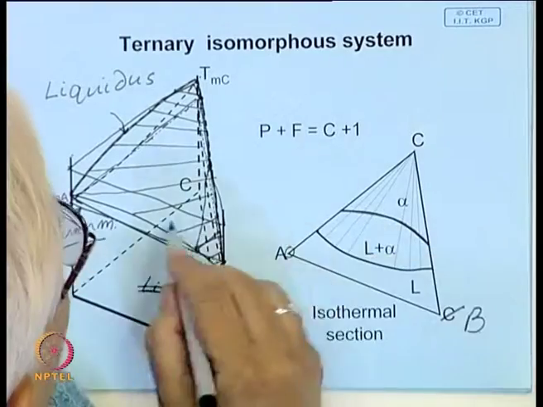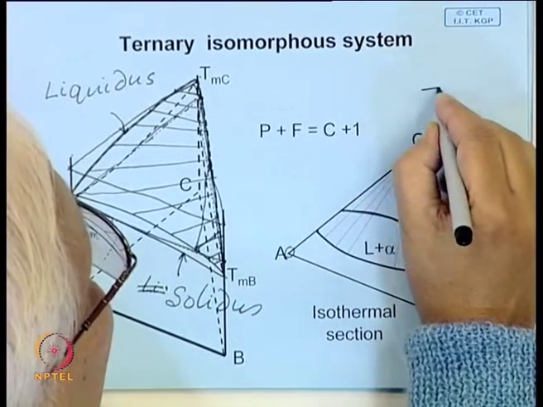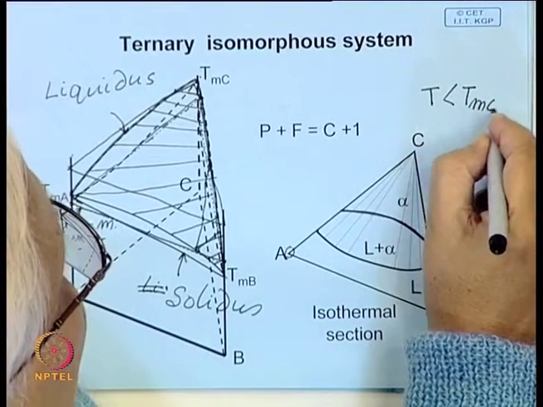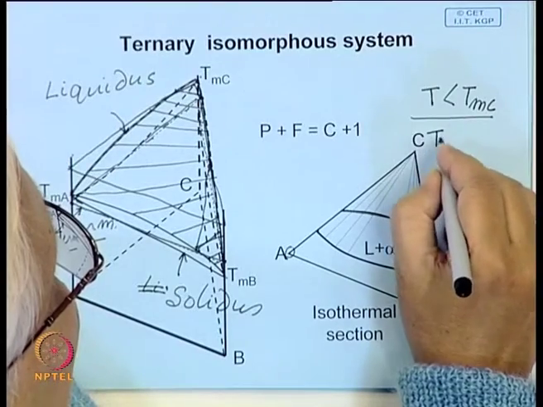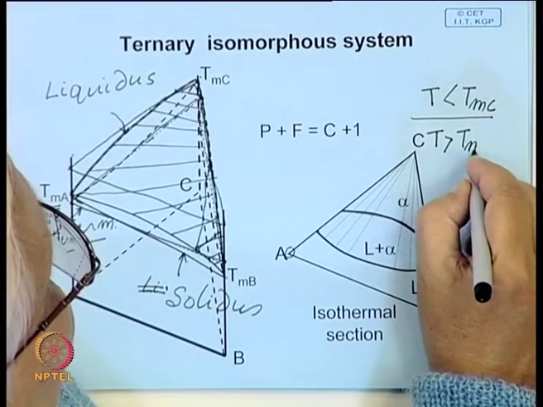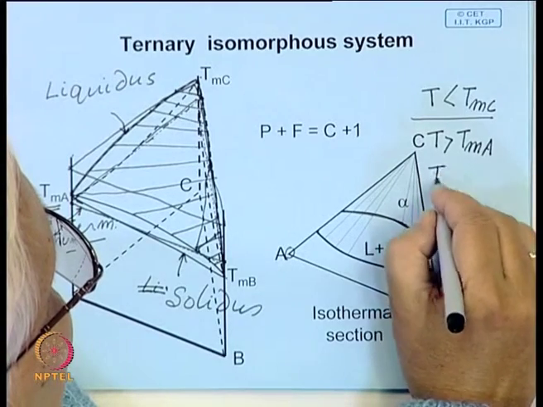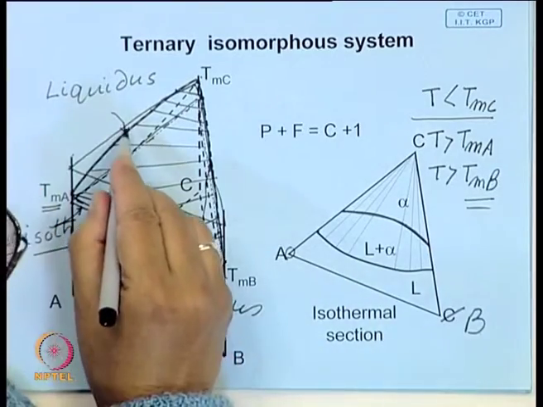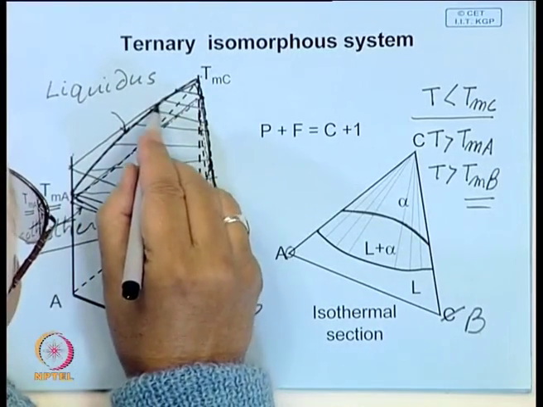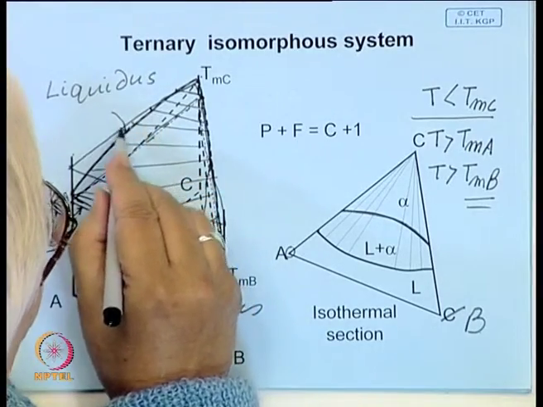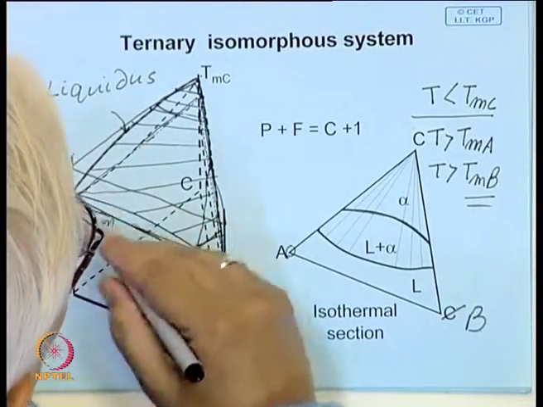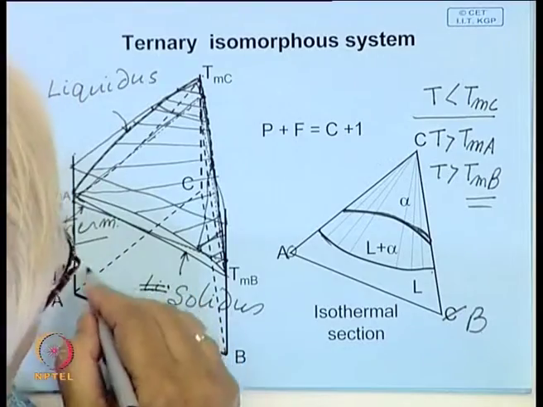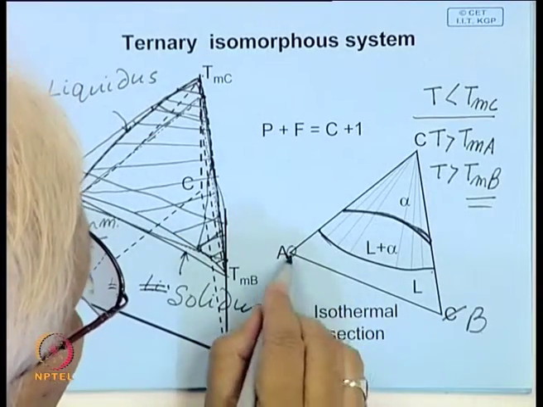That means this temperature is lower than the melting point of C, but greater than the melting point of A, and also greater than the melting point of B. So, here you can see that this part is the liquidus and the bottom part is the solidus, and this side will be liquid.